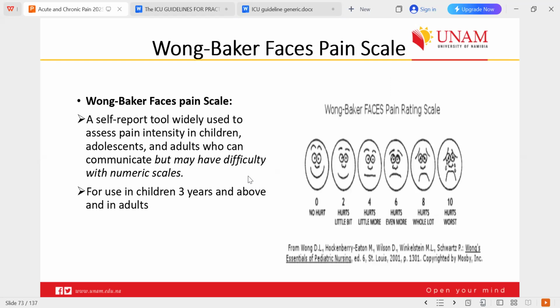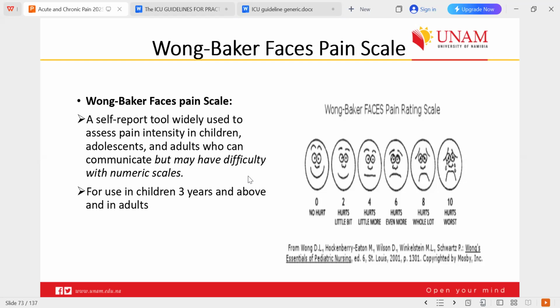Yeah, the Wong-Baker FACES pain scale is a self-report tool. We saw that woman in labor, we can show her the Wong-Baker FACES scale. Okay, so it is a self-report tool widely used to assess pain intensity in children, adolescents, and adults who can communicate or may have difficulty with numerical skills.